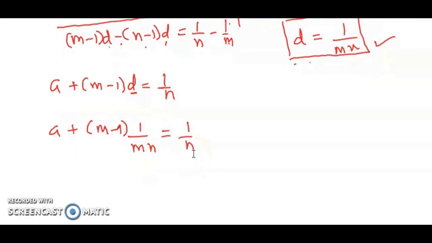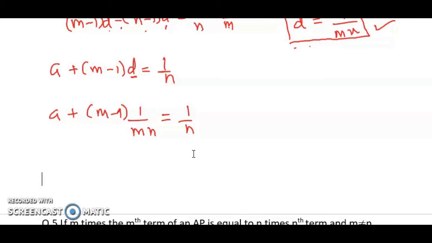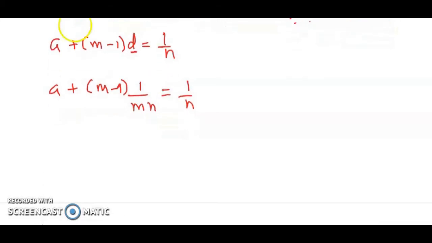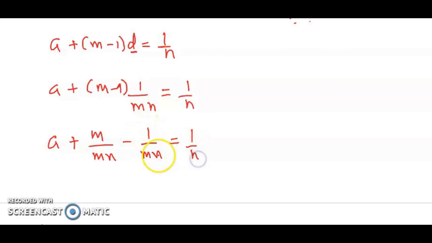Now if you do the simplification here, this 1 upon mn will multiply into the bracket, so we get m divided by mn minus 1 upon mn equal to 1 upon n. So here this m cancels out, so here we get 1 upon n.